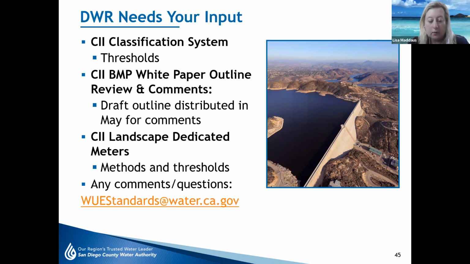We were asked to help with a technical white paper and be an objective voice on BMPs. We distributed an outline for what that technical white paper would look like in May. We have so far received comments from one agency. We would really appreciate more feedback and comments; we've done it in an annotated outline style.